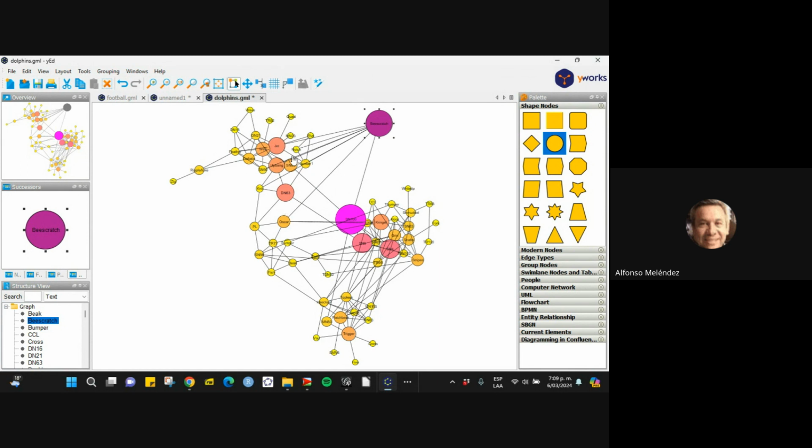The behavior of all the dolphins was very different, and this was not premeditated. It was something unexpected. So in the article that they wrote, they described all these incidents, and it's a very famous article, because this is a very special social network.